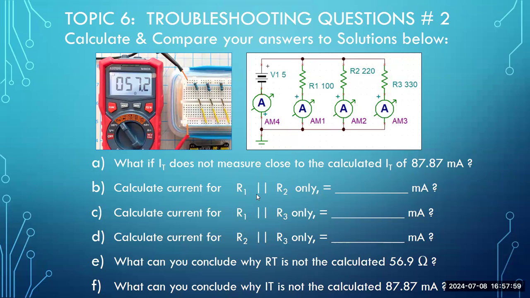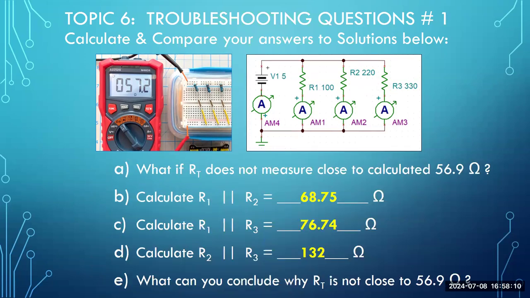So R1 parallel to R2 only was previously 68.75 ohms. All right. So with your calculator, take your 5 volts and divide 5 volts by 68.75. You do that very easily. And what does your calculator show you? Write that value down, and we're going to determine if that matches with your solutions shown here in a moment.